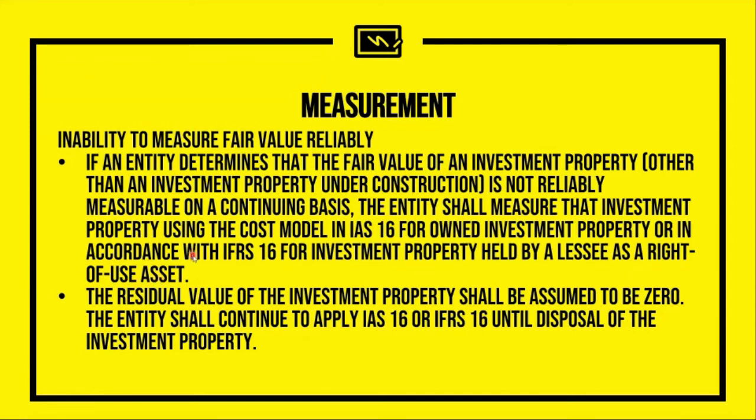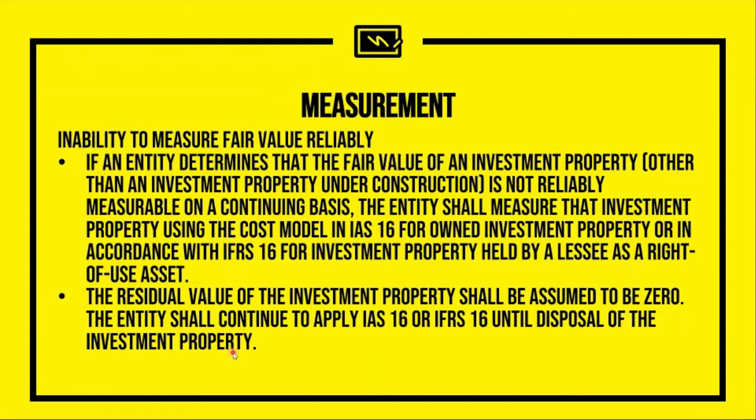However, the residual value of the investment property shall be assumed to be zero. The entity shall continue to apply IAS 16 or IFRS 16 until disposal of the investment property.